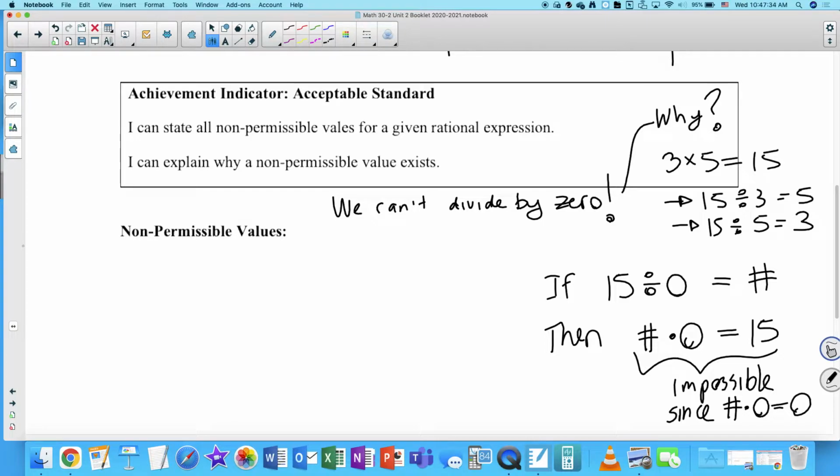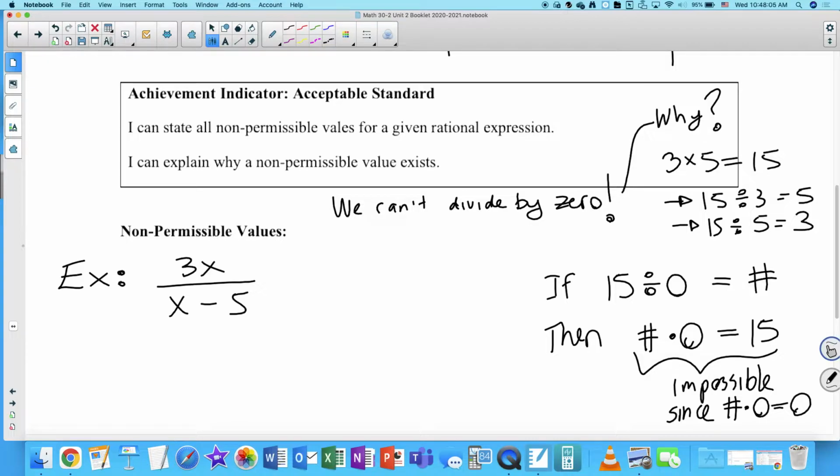All right. So let's talk about non-permissible values. If we have a rational expression, let's say 3x over x minus 5, this will have a different value depending on the value of x. So for example, if x equals 1, this would be 3 over 1 minus 5, 3 over negative 4.